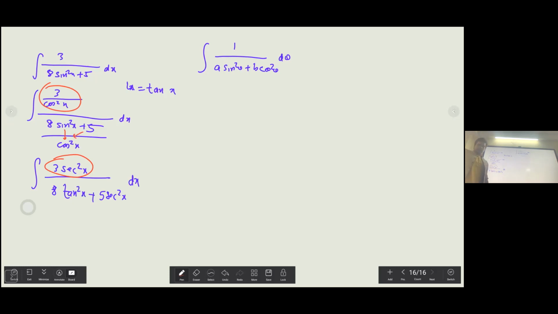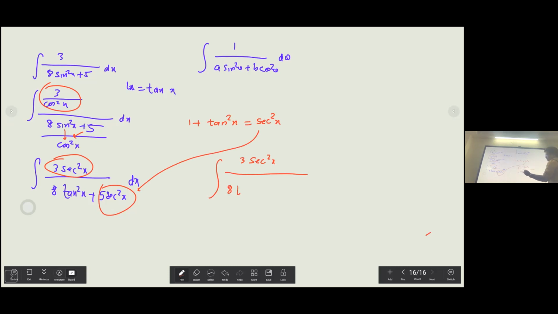So now after this, we can still see an unnecessary term here, which is sec square x. So if I take 1 plus tan square x, that can be written as sec square x. So in place of sec square x, I'm going to put 1 plus tan square x. So it will become 3 sec squared x upon 8 tan square x as it is, plus 5 times 1 plus tan square x.